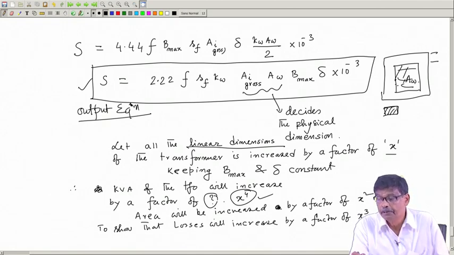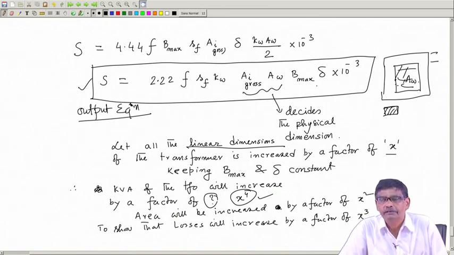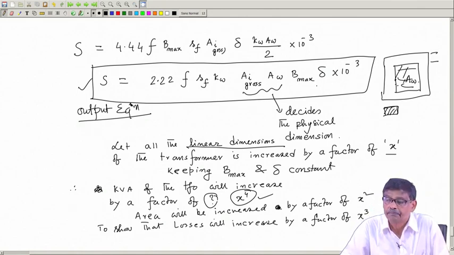I will keep the same B max and delta, because the same core material I will be using, the same copper I will be using, therefore, B max and delta are the same, stacking factor and window space factor will be the same, and therefore, if you increase all the linear dimensions by a factor of x, area terms will increase by a factor of x square.